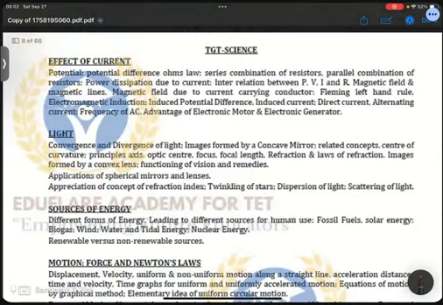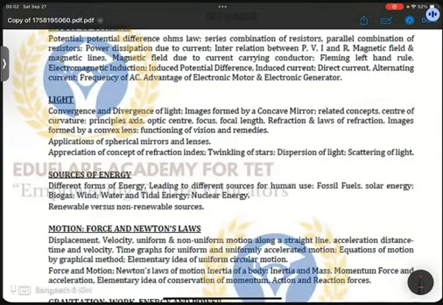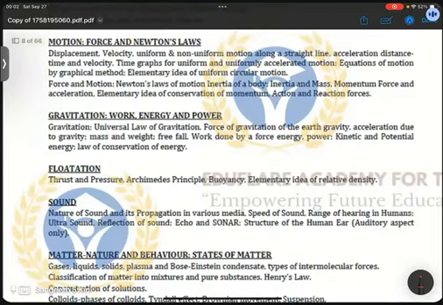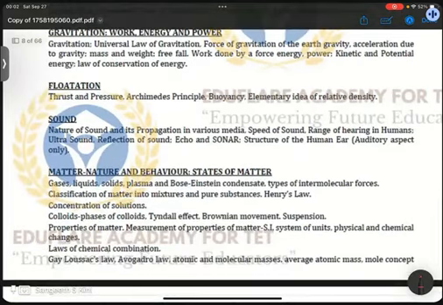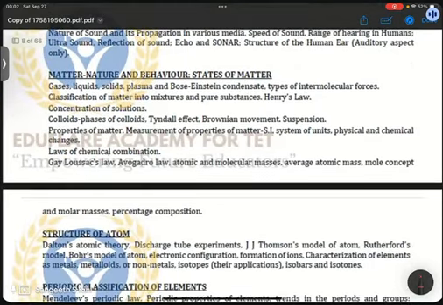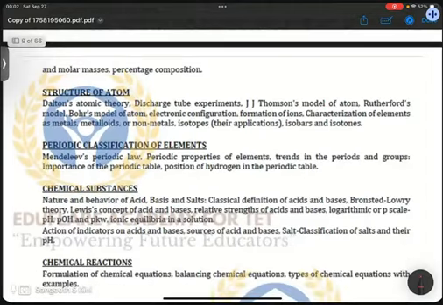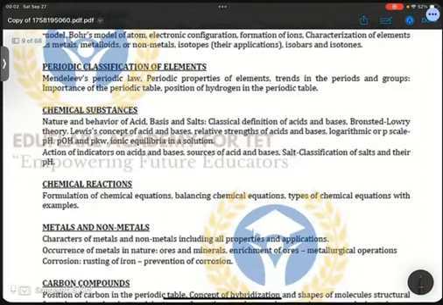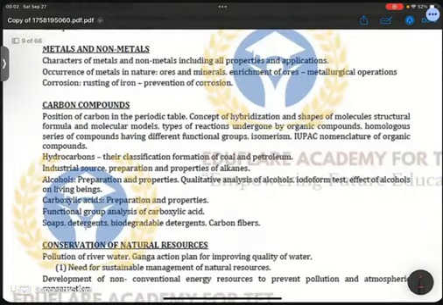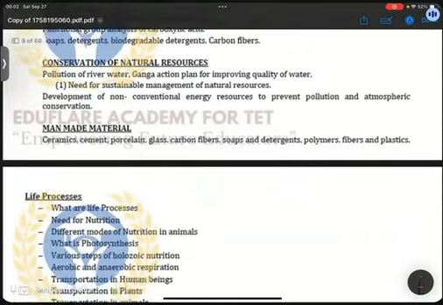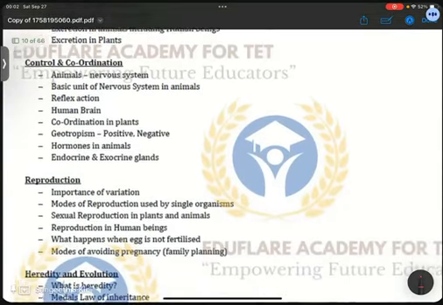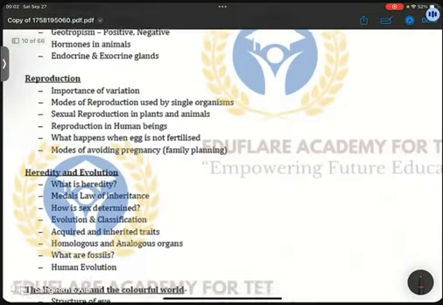Then we have TGT science: effect of current, light, sources of energy, motion, forces and Newton's laws, gravitation, work, energy and power, flotation, sound, matter, nature and behavior, states of matter, structure of atom, periodic classification of elements, chemical substances, chemical reactions, metals and non-metals, carbon compounds, conservation of natural resources, man-made material, life processes, control and coordination, reproduction, heredity and environment.